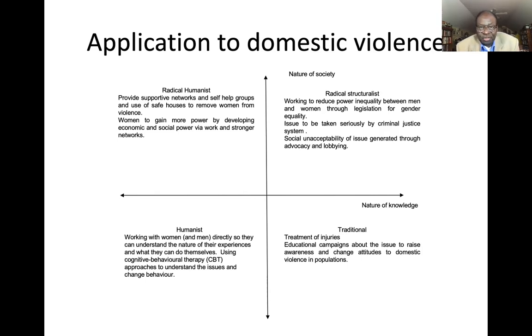Okay, the nature of society. You have the radical structuralists working to reduce power inequality between men and women through legislation for gender equity.